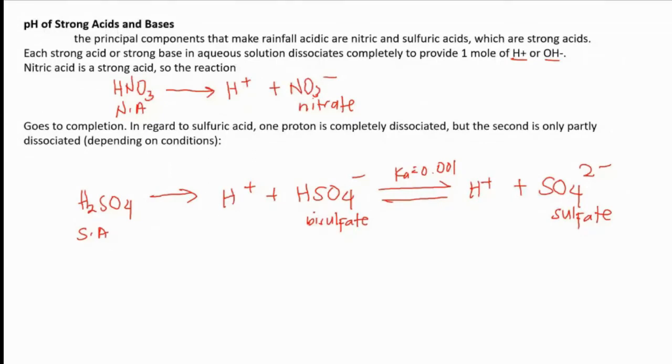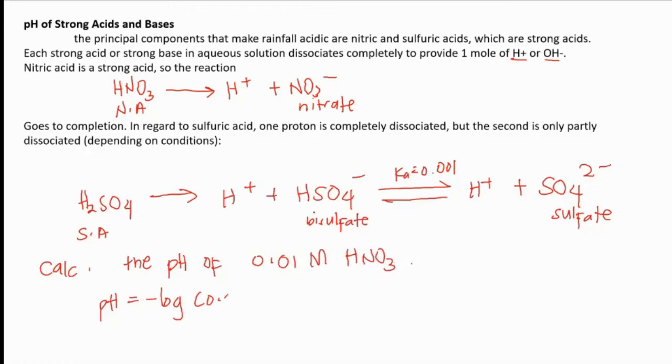For example, let's compute the pH. Calculate the pH of 0.01 molar nitric acid. Simple lang. Just get the negative log of 0.01.